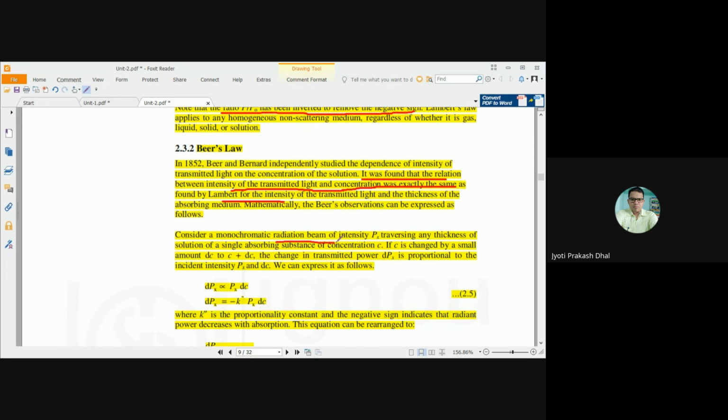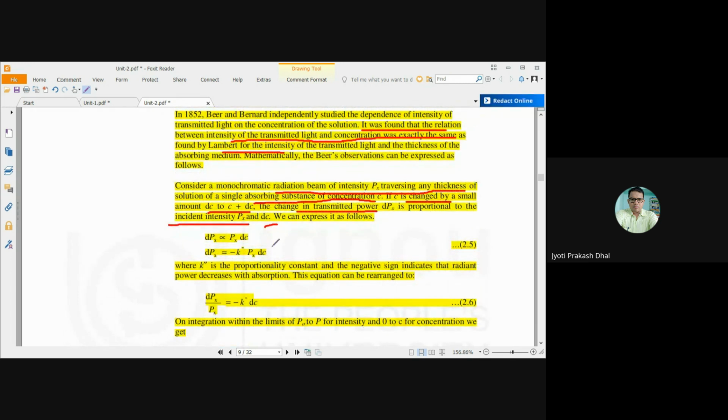Consider monochromatic light of intensity Px traversing any thickness of a solution of a single absorbing substance of concentration C. If C changes by a small amount dc, then the change in transmitted power dPx is proportional to incident intensity Px and dc.